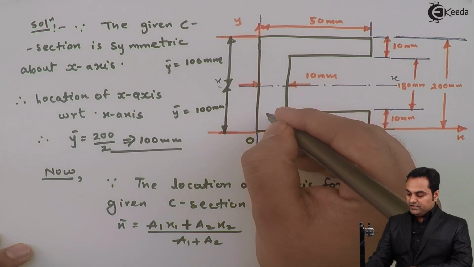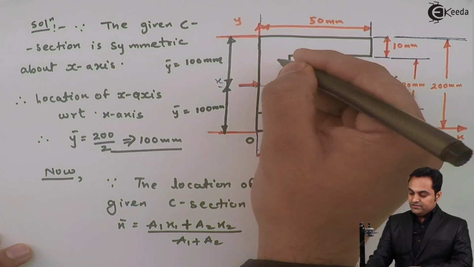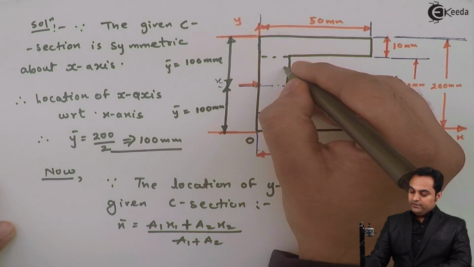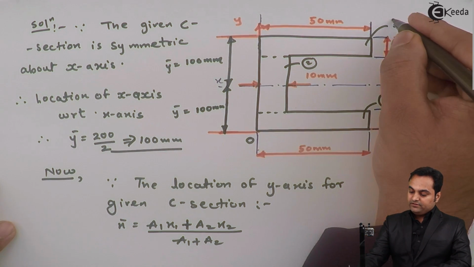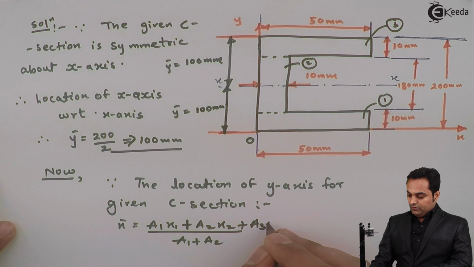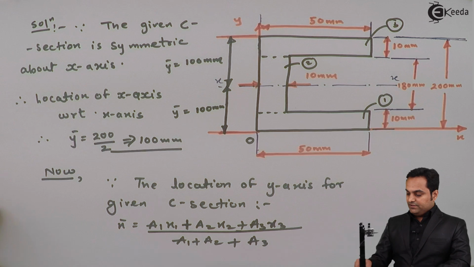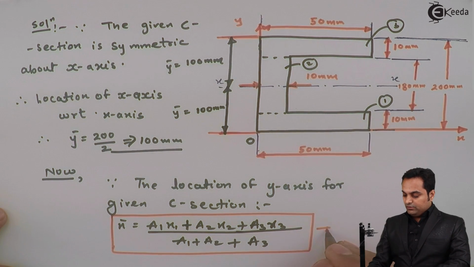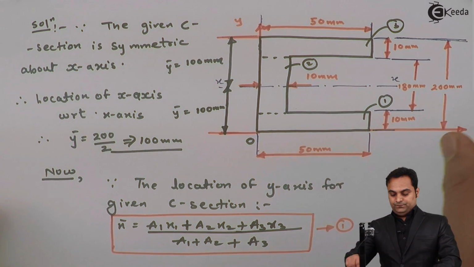Since we have three areas here, I will divide this into three simple rectangles: rectangle number 1, rectangle second and rectangle third. I'll call this the first equation.